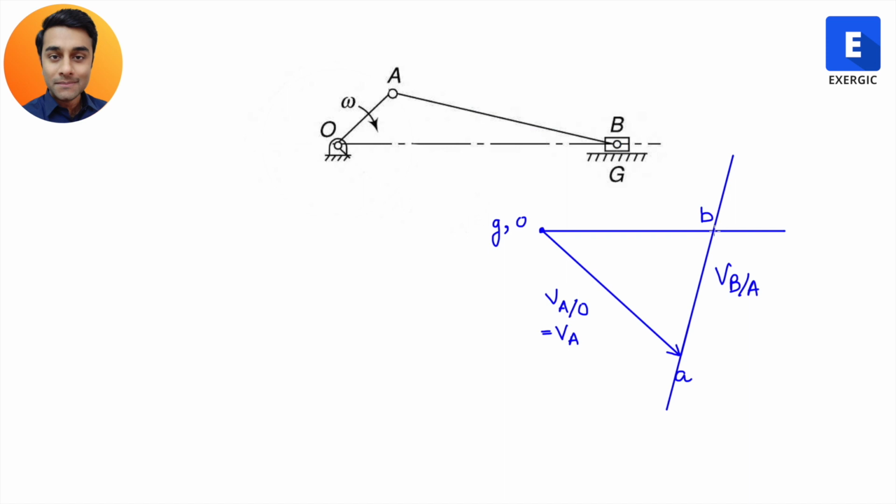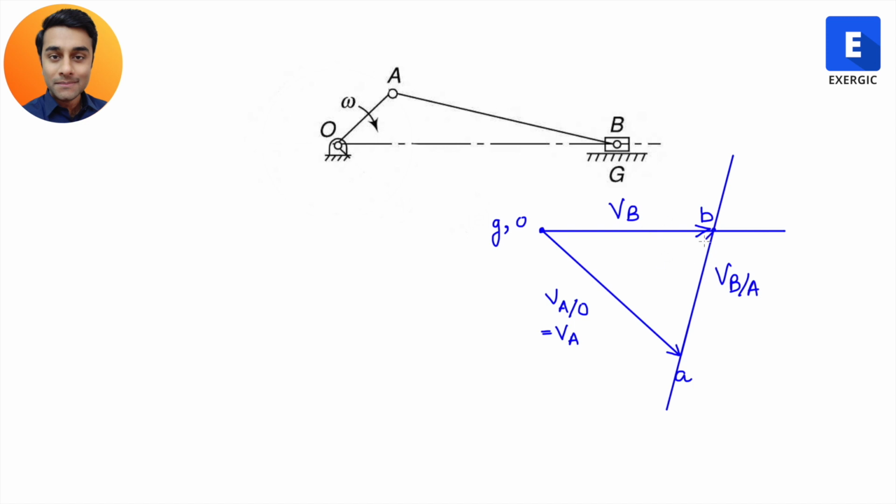Similarly, this point here is the common point for AB as well as the velocity of the slider. This is the velocity of AB, this is the velocity of the slider. So this point has to be B. Now you can draw that this is the arrow of the velocity of the slider, velocity of B with respect to ground, or absolute also, since the velocity with respect to ground is the same as absolute velocity.